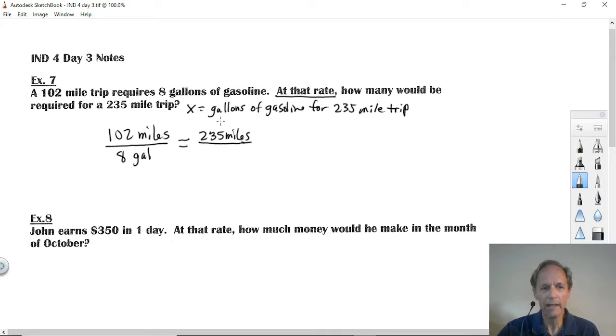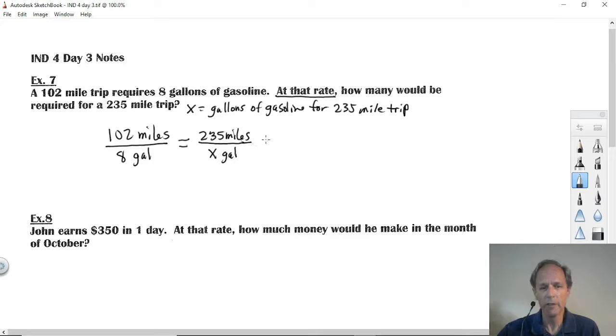And what's the gallons for it? Well, that's x. We've already created the variable. Okay, so the two ratios are equal, and we call that a proportion when two ratios are equal or two fractions are equal. So we can solve this now.